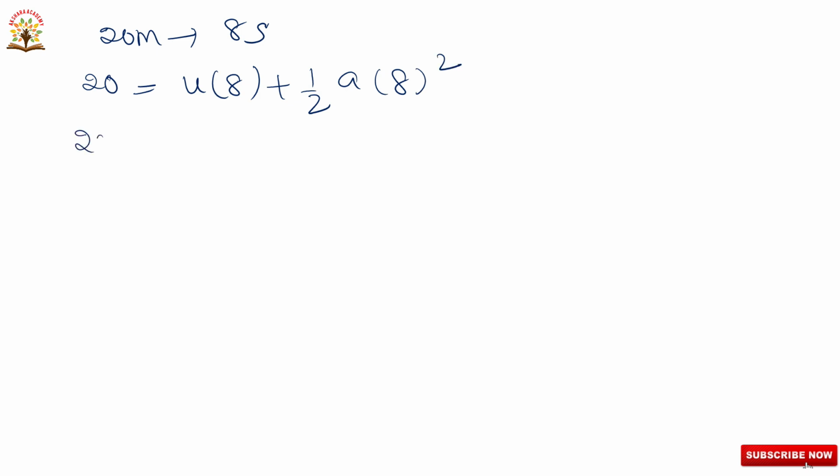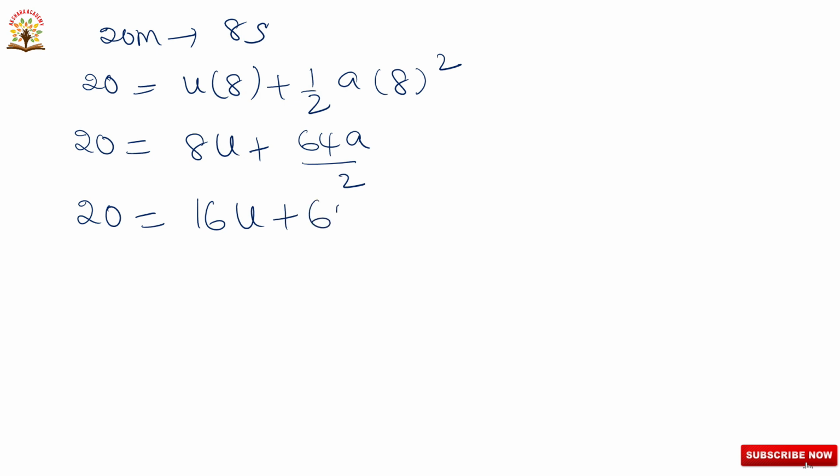So 20 is equal to 8u plus 8 square, nothing but 64a by 2. Now taking LCM, 20 is equal to 16u plus 64a by 2. Now taking cross multiplication, 16u plus 64a is equal to 2 twenties are 40.